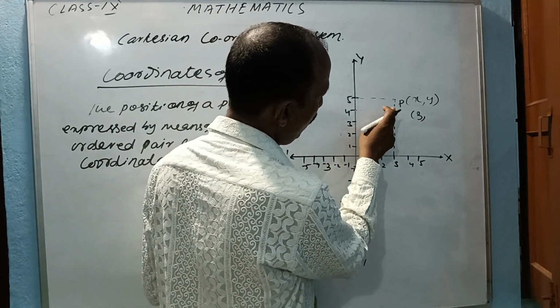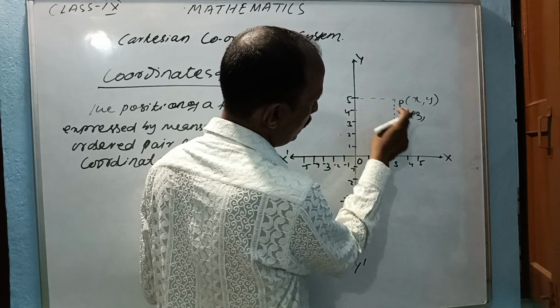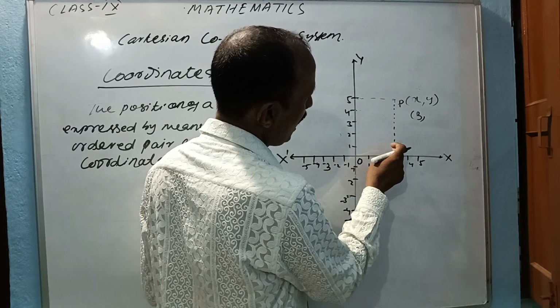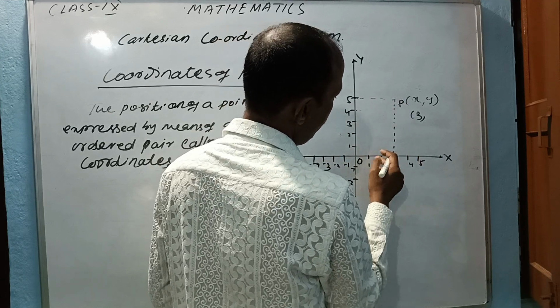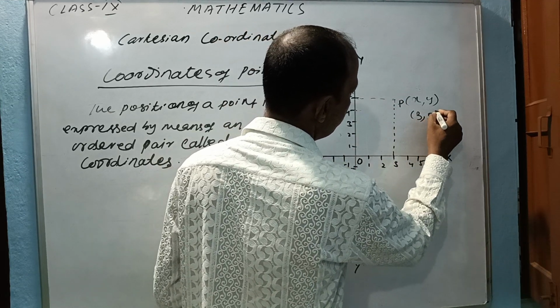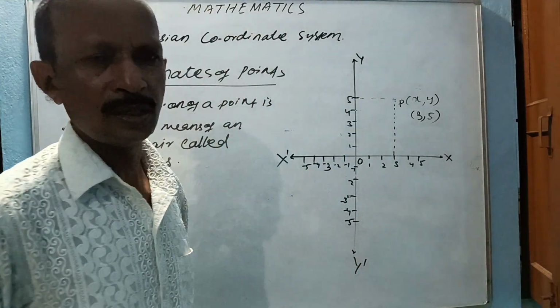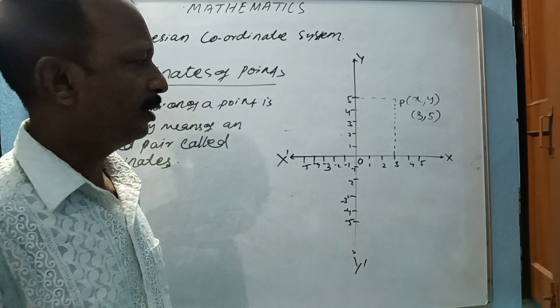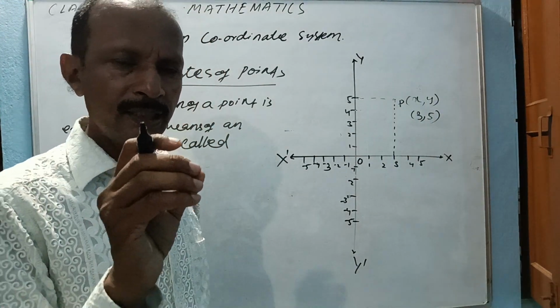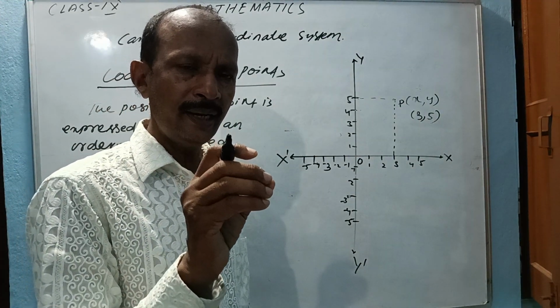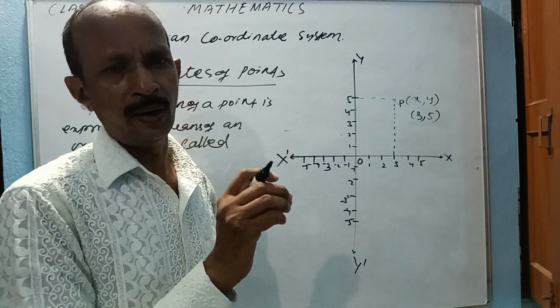The perpendicular distance of the point P from x-axis along the y-axis, here it is 5. That means the position of the point P is (3, 5). It is important to write in a proper order. This is the ordered pair.